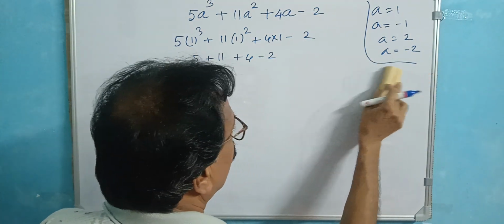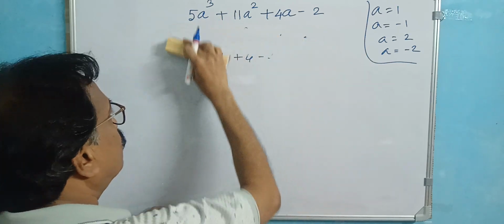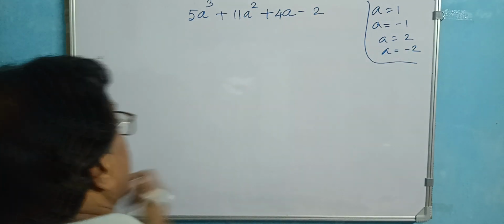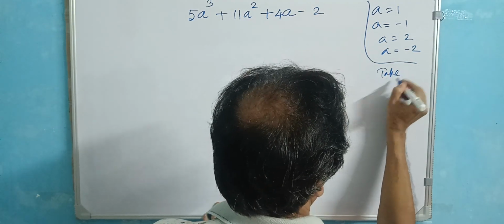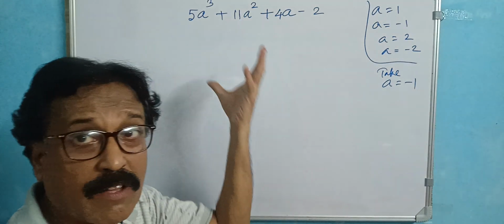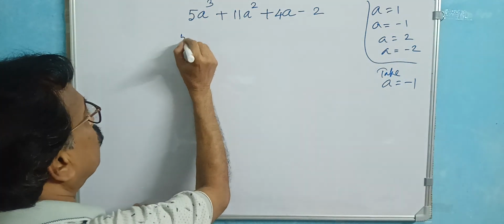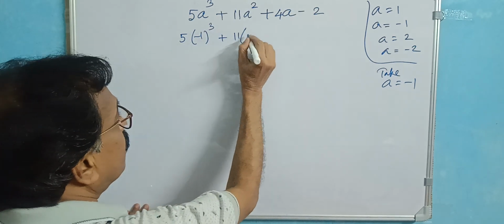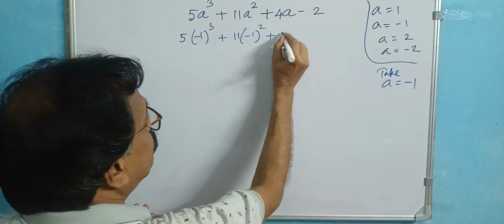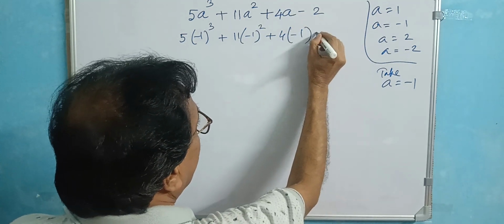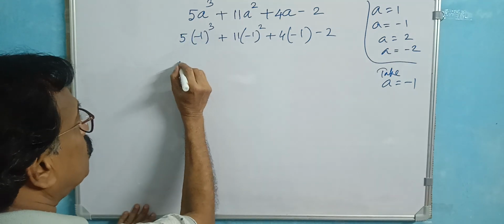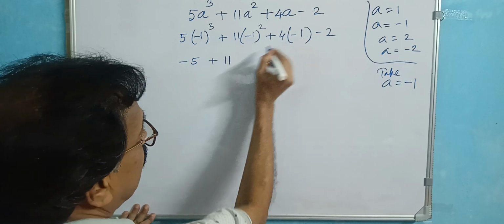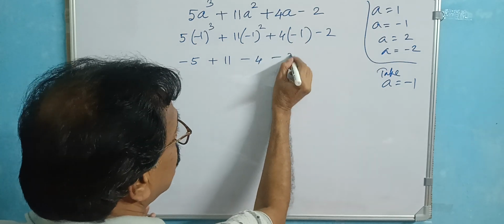Okay, now put the other value, a is equal to minus 1. This is actually the trial process. Take a is equal to minus 1, then put the value here. 5 into minus 1 cube, plus 11 into minus 1 square, plus 4 into minus 1, you always use a bracket, and minus 2. Now minus 1 cube is minus 5, then plus 11, then minus 4, and minus 2.